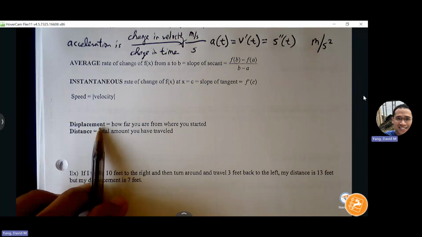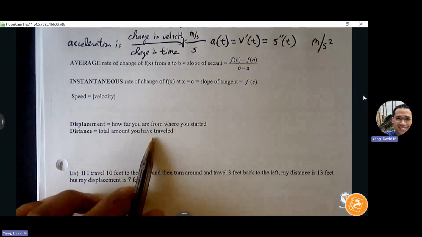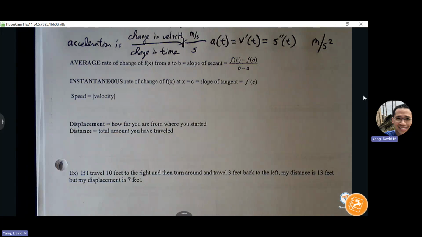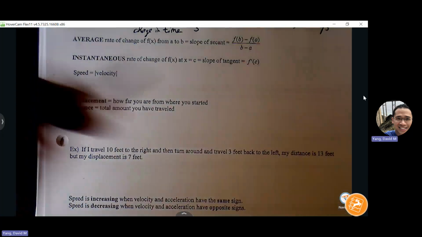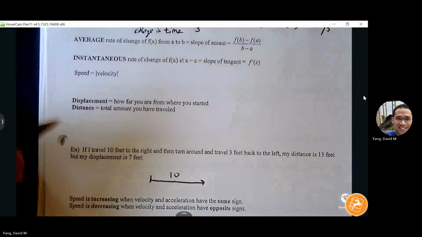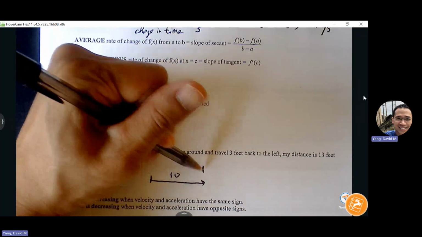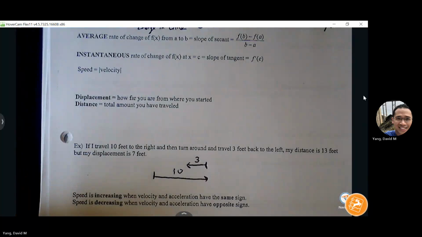Okay. Next one I want to go over here is displacement. Displacement is how far you are from where you started, and distance is the total amount that you have traveled. Okay. So here's an example. If I travel 10 feet to the right and then turn around and travel 3 feet back, then my distance is 13 feet, right?